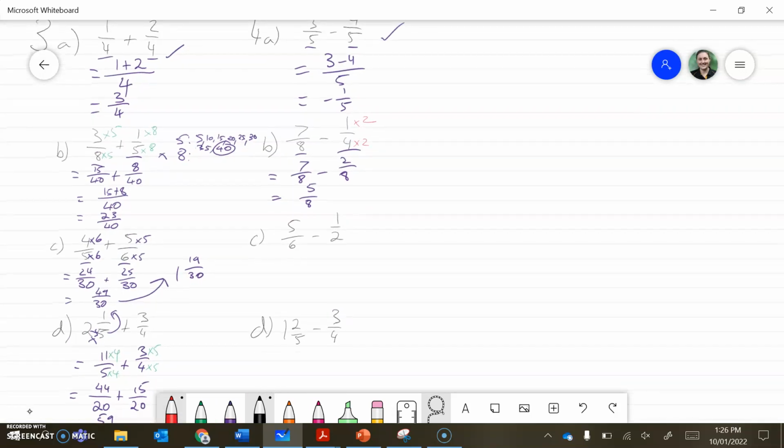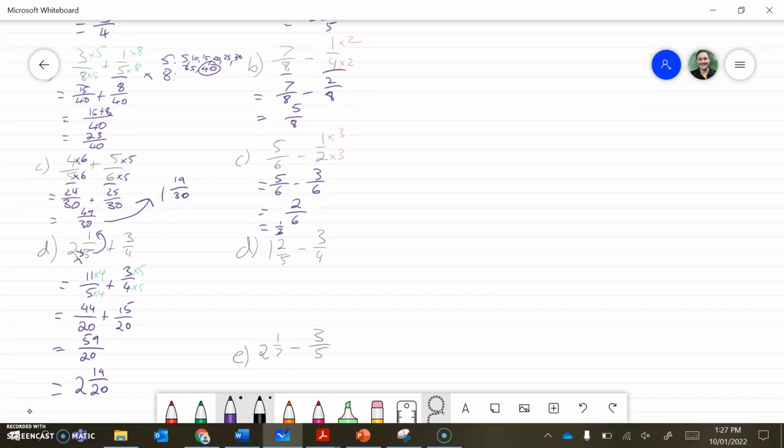Having a look at our next one, we've got 5/6 and a half. Now 2 can become a denominator of 6 by timesing by 3. So we need to do that to our denominator and numerator. So then we have 5/6 minus 3/6. 5 minus 3 is 2. And we can simplify that to make it a third. Okay, for D, we want to make this first value an improper fraction.